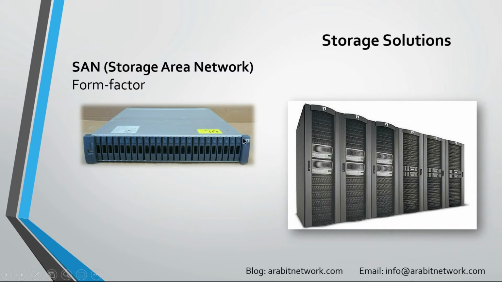So you may have just a small appliance like this one, or it might scale up, as you may see here, in more sophisticated storage solutions with huge capacity. It may have more storage controllers and a lot of storage and disk shelves like this. We will learn more about this later in this course.